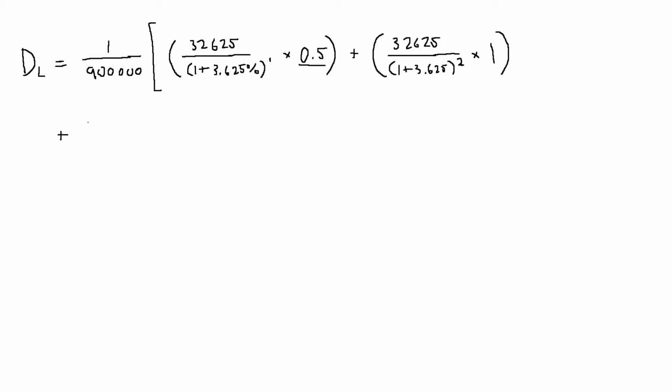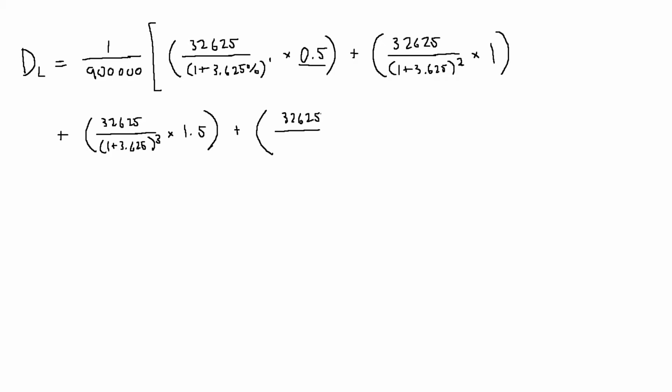We have 2 more time periods to go. We have 4 time periods in total because we have 2 years, or also 4 semi-annual periods. So this is still the same. Now this is to the power of 3, this is times 1.5. Okay, last period.